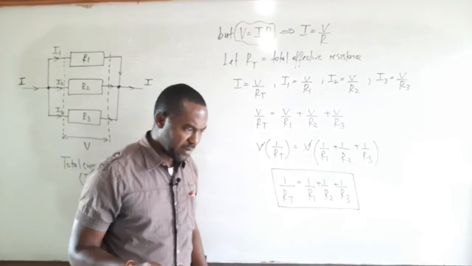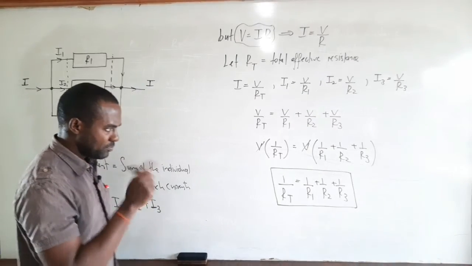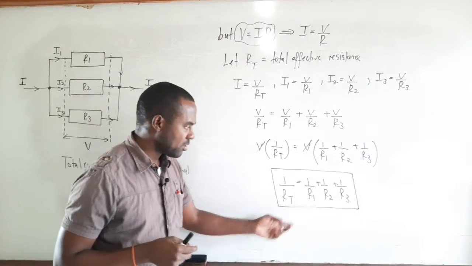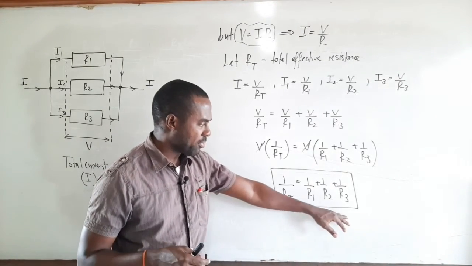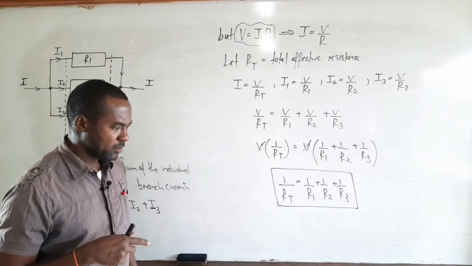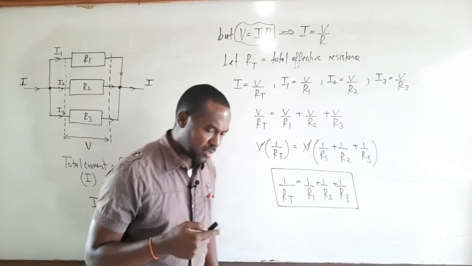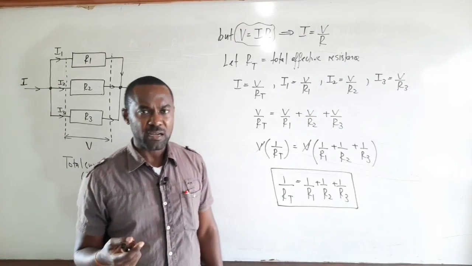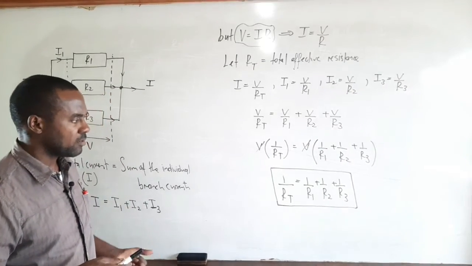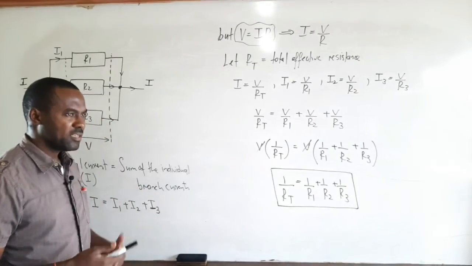Now, having derived the expression for the total effective resistance of 3 resistors R1, R2, R3 connected in parallel, we will look at what happens if the resistors have identical resistances. What if we have identical resistors connected in parallel? We'll see how this expression can be simplified.